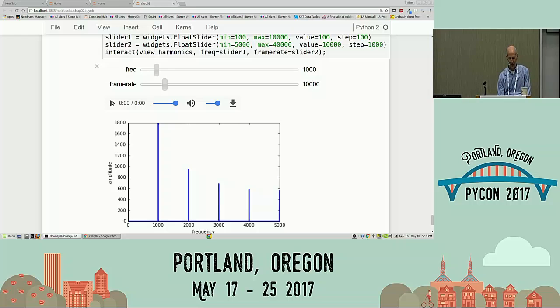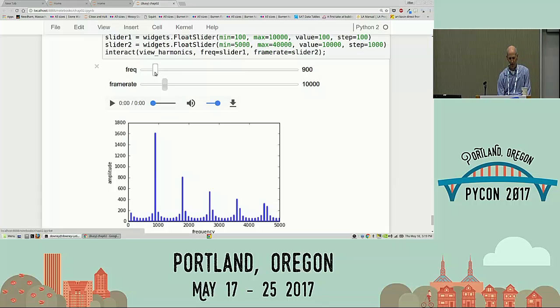If I change the frequency just a little bit, now all of those high frequency harmonics that have been aliased no longer overlap with the harmonics. And if you take a sound that has this nice simple harmonic structure and add a whole bunch of extra frequency components to it, it sounds very different.